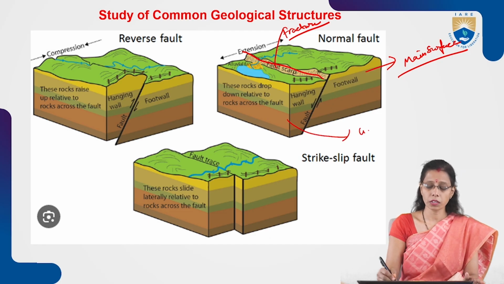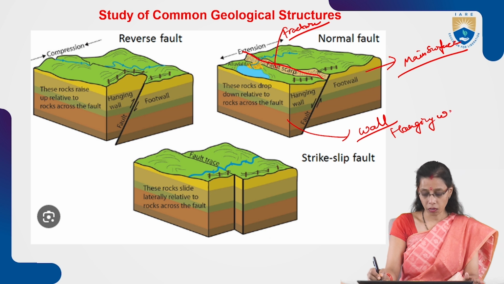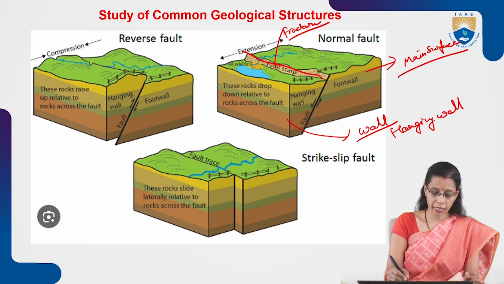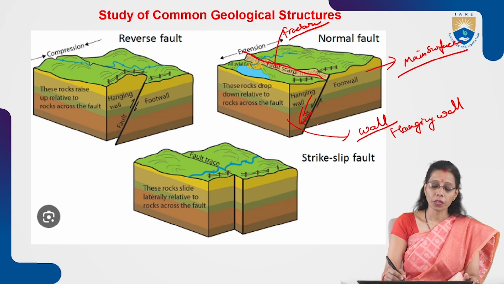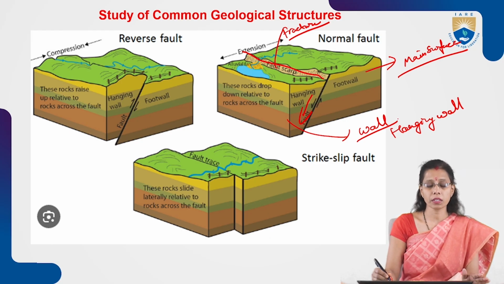Now this wall, we call it the hanging wall. It is sliding downside. There is a crack between this wall and this wall. Due to an earthquake, or due to plate tectonic activities, the hanging wall has moved down.